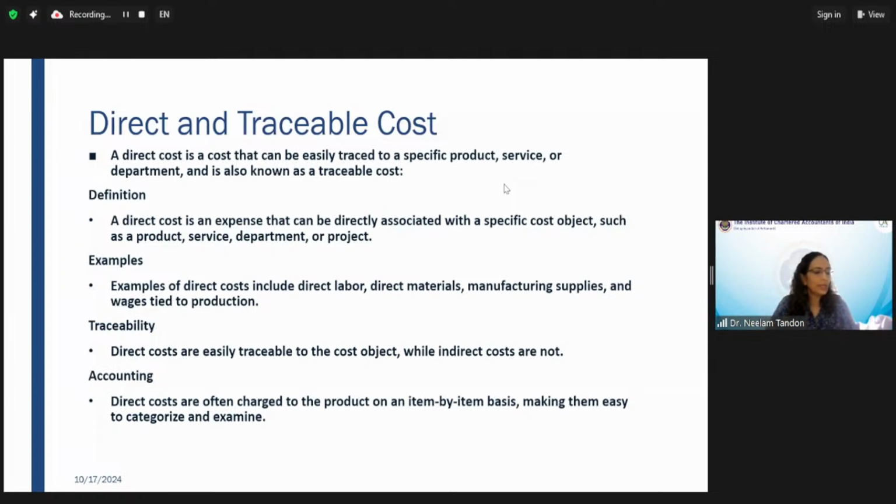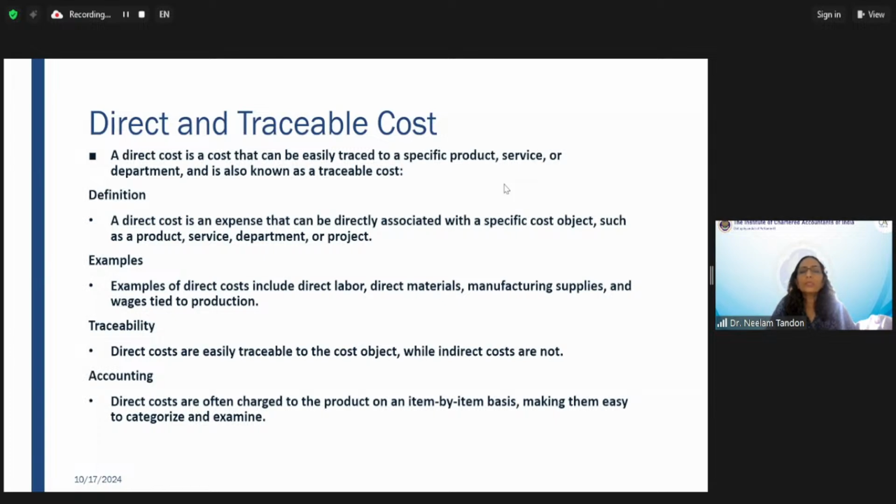Okay. Then we'll talk about direct and traceable cost. So these are two terms which I use interchangeably. Direct and traceable cost. जिस cost को आप monitor कर सकते हैं, जिस cost को आप directly explicitly देख सकते हैं, that is a direct cost.